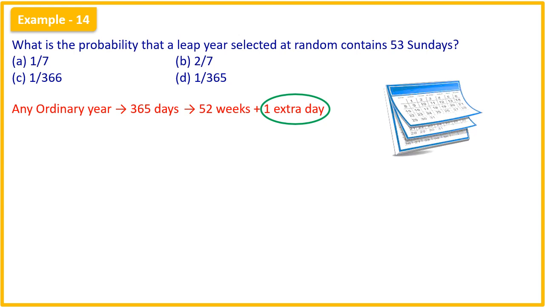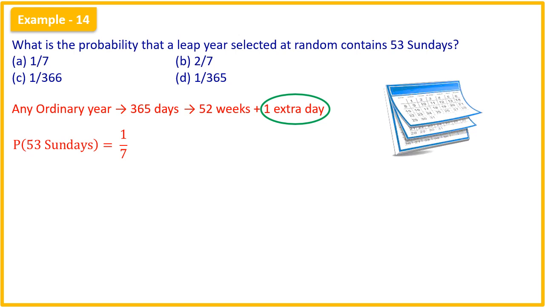It can be Sunday, Monday, Tuesday, Wednesday, anything out of the 7 days. So the probability that specifically that extra day is a Sunday is 1 out of 7. Because already we are getting 52 Sundays, 52 Mondays, 52 Tuesdays, everything, as there are 52 weeks here.